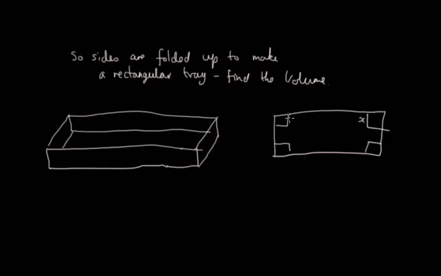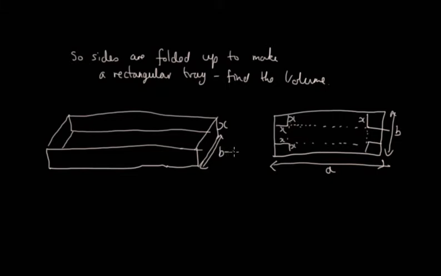So remember, these are X. This length here is A, and this length here is B. So along here and here, this rectangle is going to be the base of our tray. So if you were to fold these flaps up, the height of the tray is going to be X, and this length here is going to be B minus 2X, because those two pieces are removed.